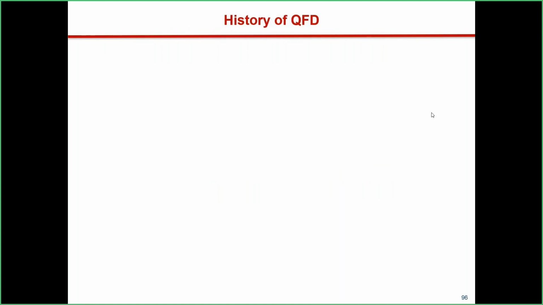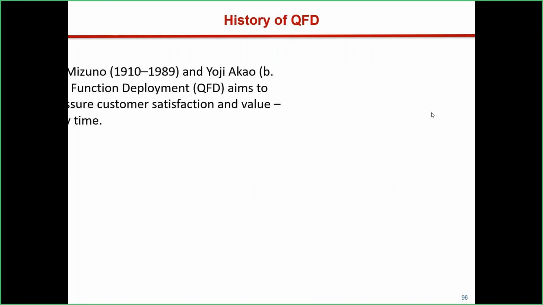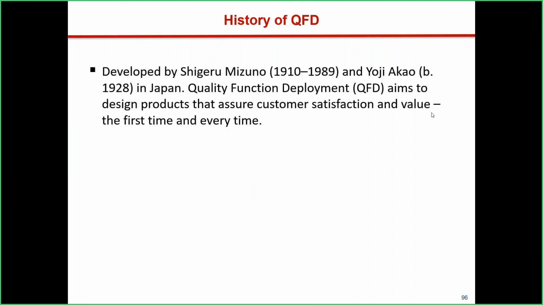Quality function deployment. Okay. Developed by Shigeru Mizuno in 1989 and Yoichi Akao in 1928 in Japan, quality function deployment aims to design products that assure customer satisfaction and value the first time and every time.